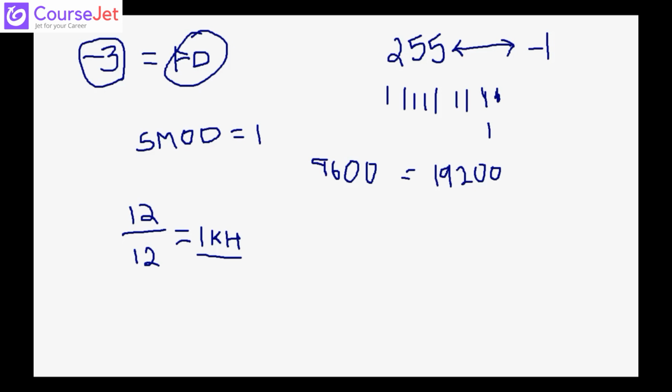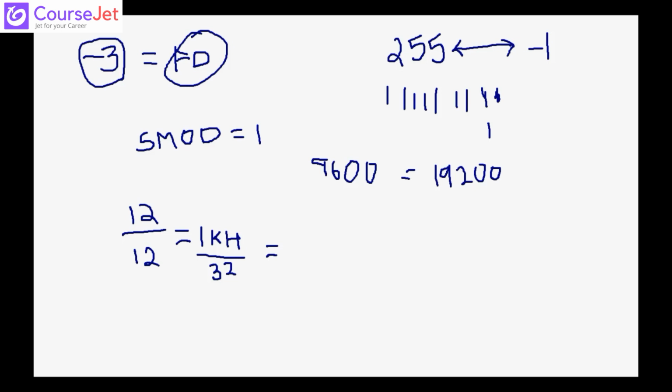But the same thing, if I use a 12 megahertz or 11 megahertz crystal oscillator, 12 by 12, 1 kilohertz. 1 kilohertz divided by 32, you will not get 28,800. If you don't get 28,800, you will not get this 3. You will have to find out particular values to get 9,600 or 1200.